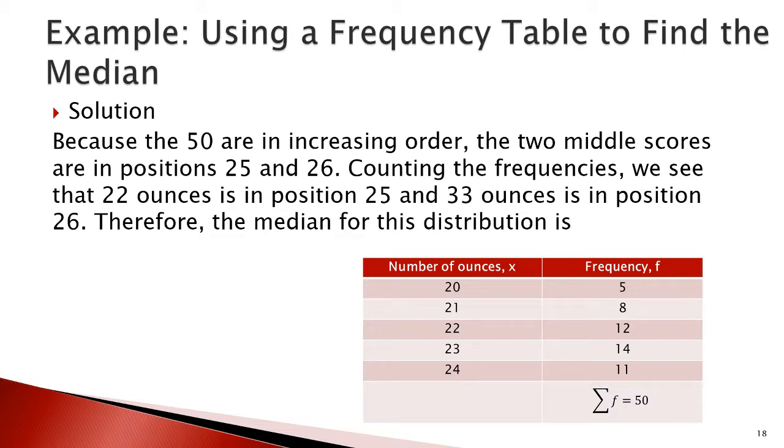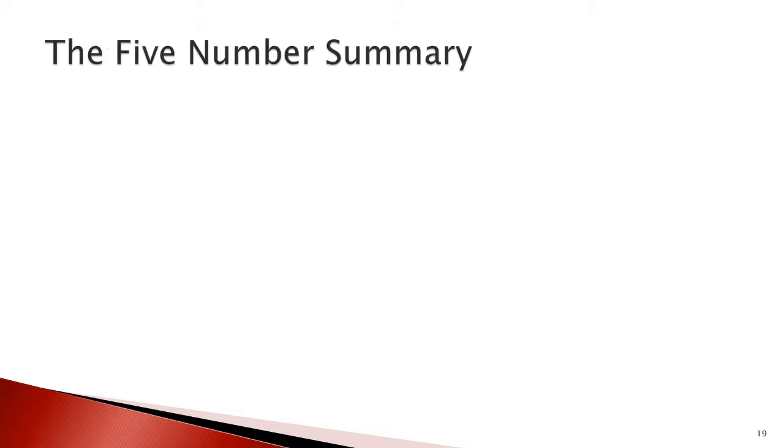By counting the frequencies, we can see that 22 ounces is in position 25 and 23 ounces is in position 26. Therefore, the median of this distribution is the mean of those two numbers, which is 22 plus 23 divided by 2, which is 22.5.